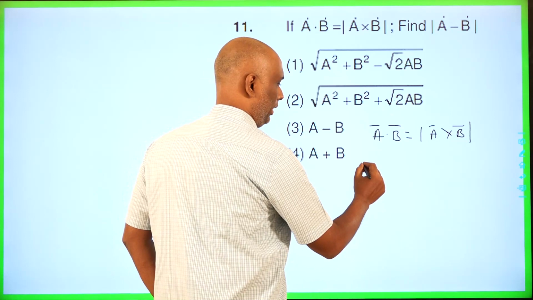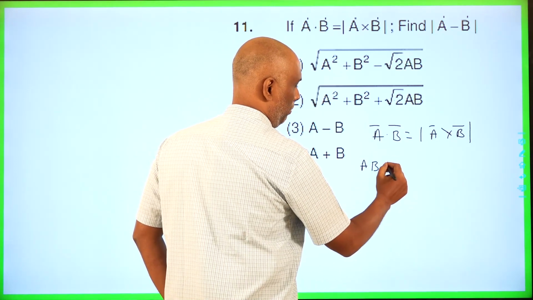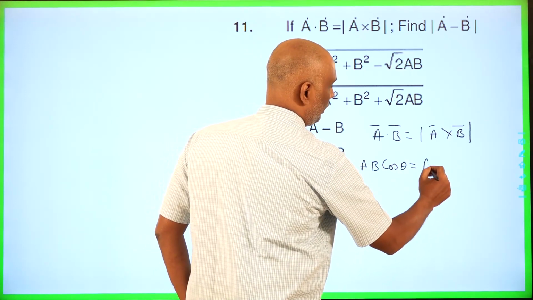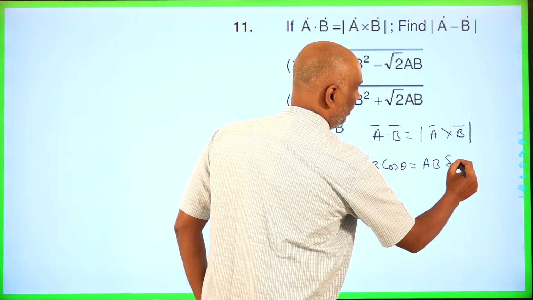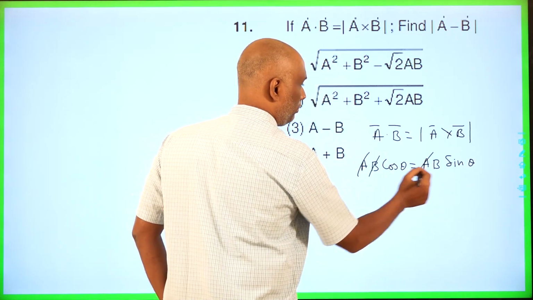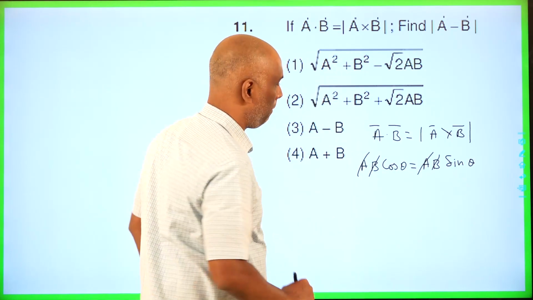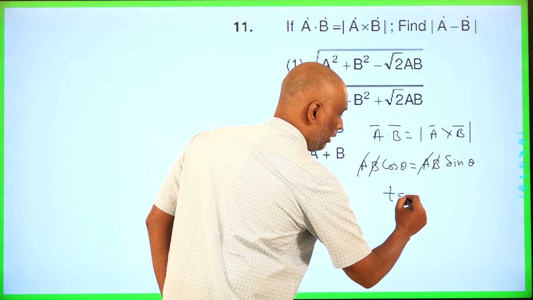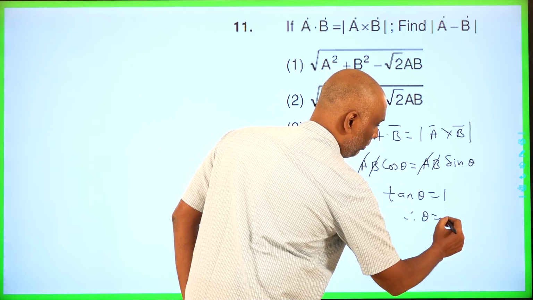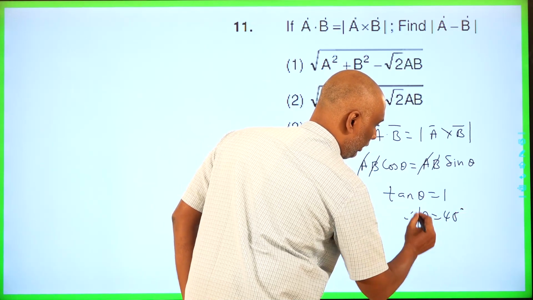Dot product of the two vectors is given by AB cos theta. The magnitude of cross product of the two vectors is given by AB sin theta. Here, cancelling this, we get tan theta equal to 1. Therefore, theta will be equal to 45 degrees.